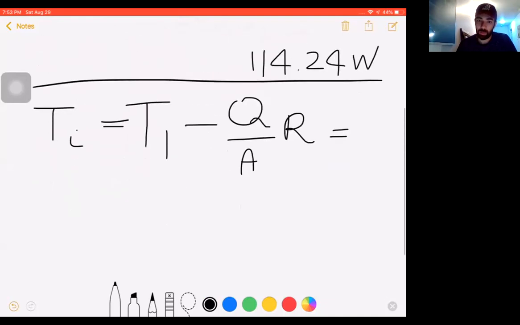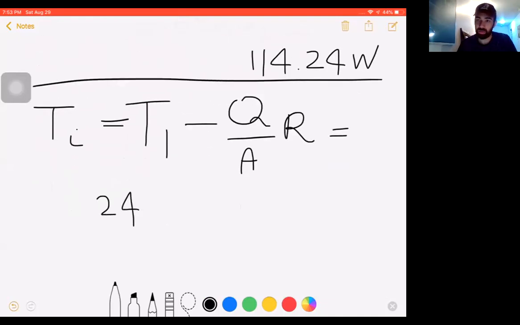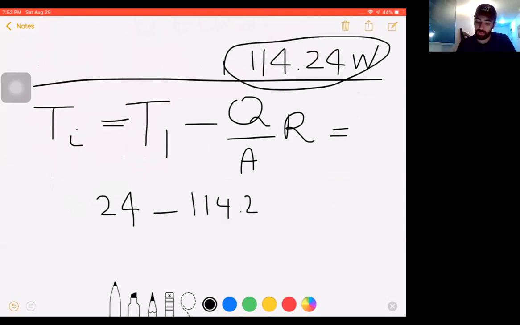So that will be equal to 24, which is the inner temperature of the room, minus the heat transfer rate, which was found previously as 114.24, over the area that was 24 meters squared, times the resistivity between those 2 locations.